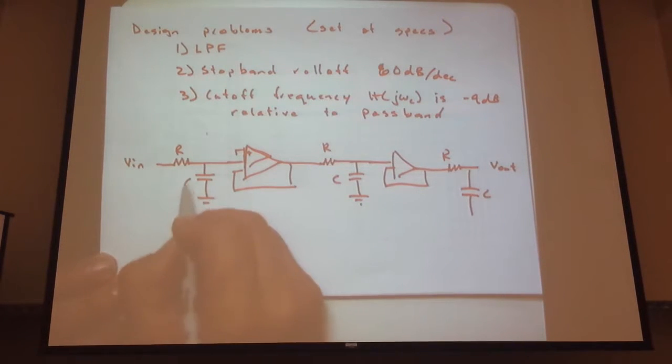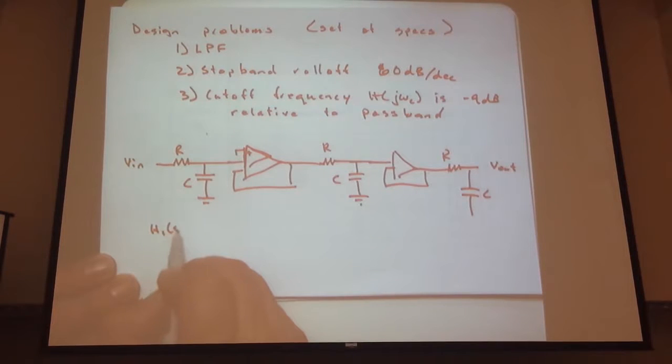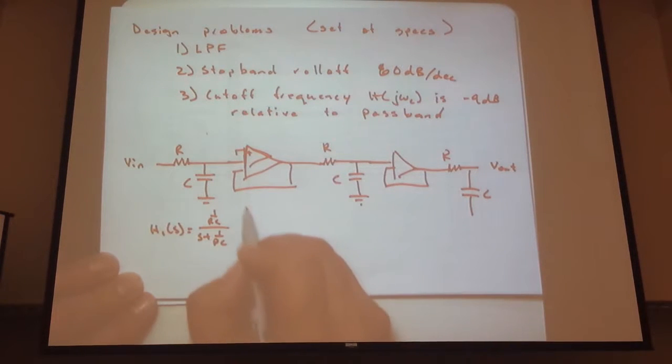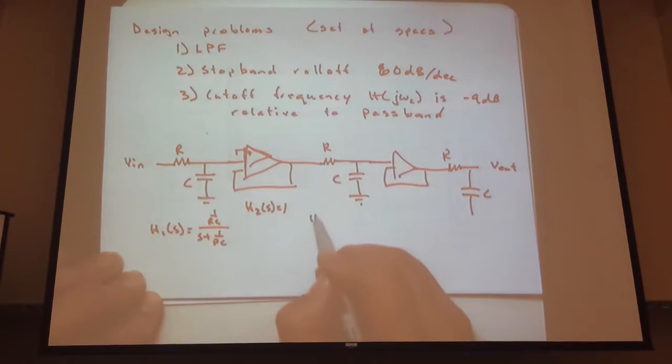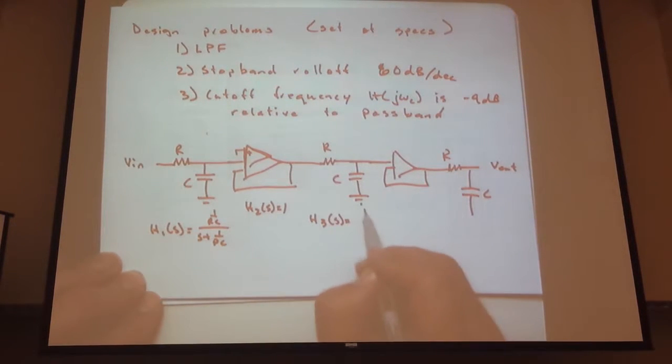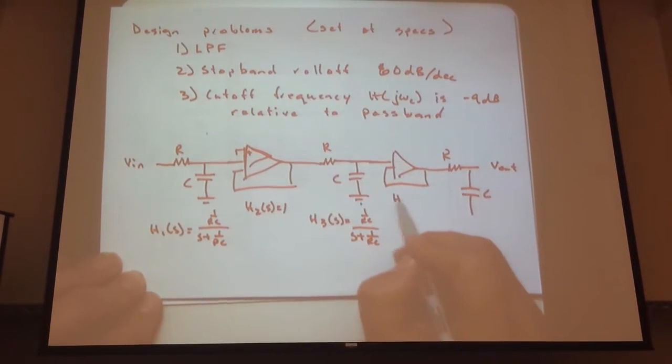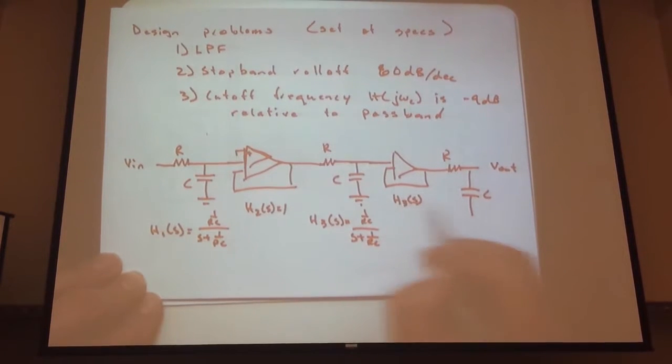And if we look at this, H1 of S, doing it with stages, equals 1 over RC, S plus 1 over RC. H2 of S is just 1. I realize it's the identity, but it's worth writing down. H3 of S, 1 over RC, S plus 1 over RC. H4 of S equals 1, H5 of S, 1 over RC, S plus 1 over RC.